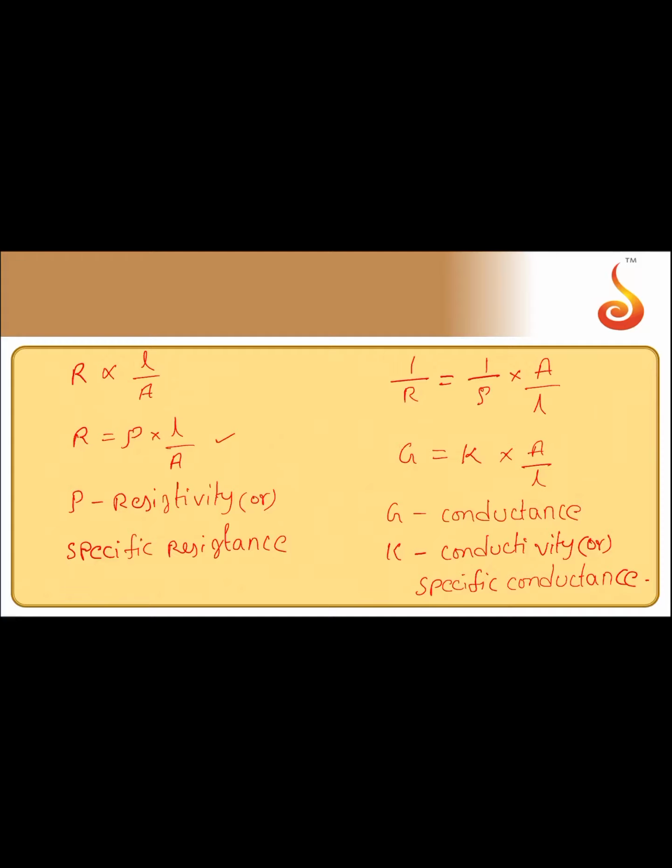Now we can write this equation as K is equal to G into L by A, where L by A, the ratio of the distance between the electrodes to the area of cross section of the electrodes, is equal to the cell constant G star.